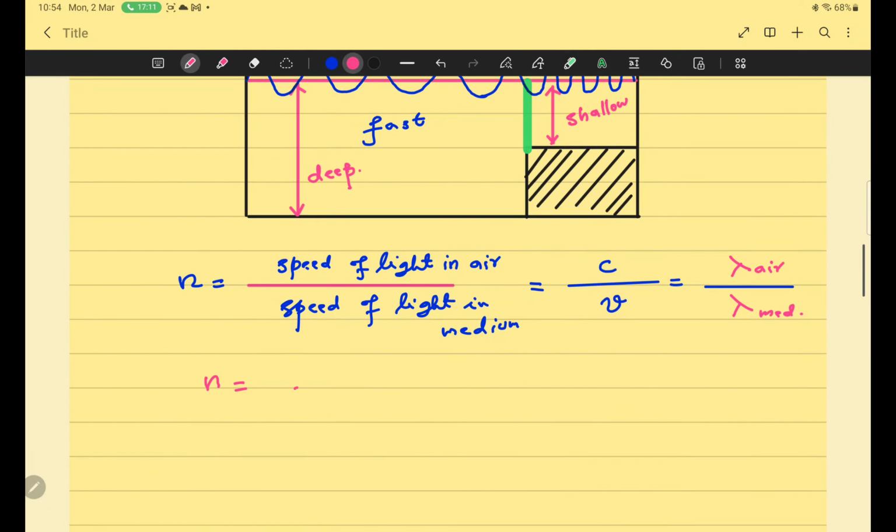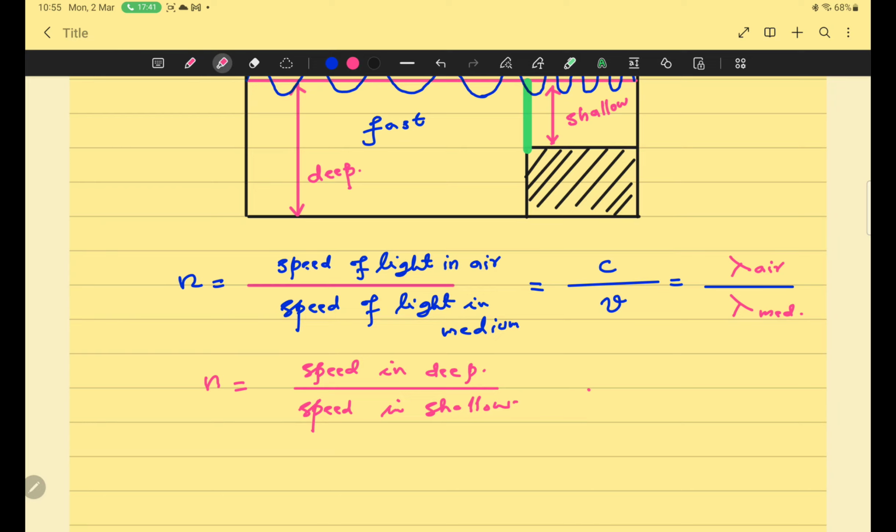So I am writing one more formula: speed of water wave in deep region divided by speed of water wave in shallow region. You should note down this formula as well.